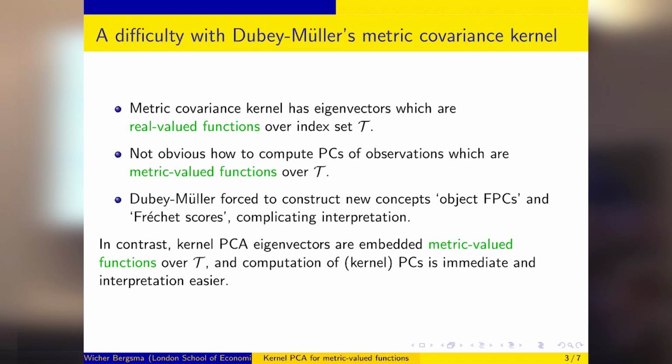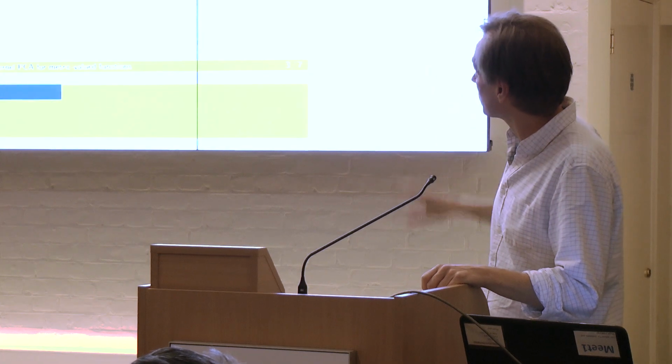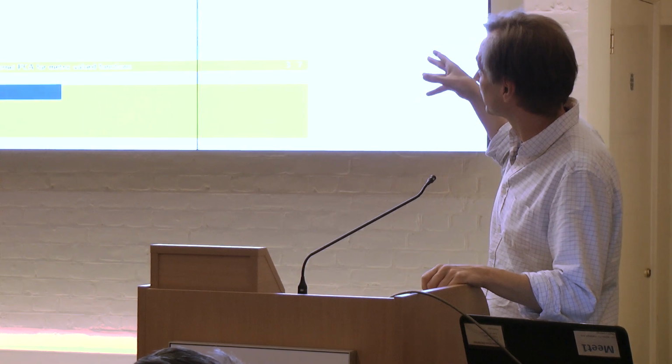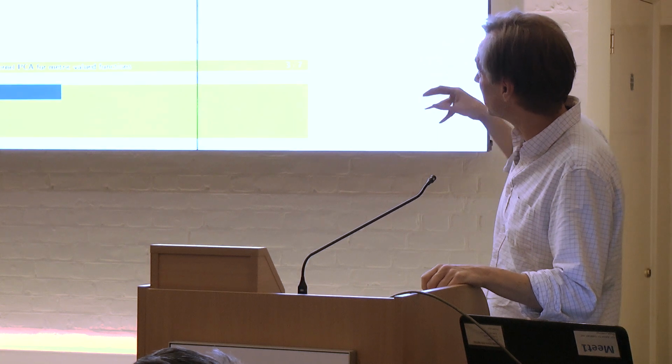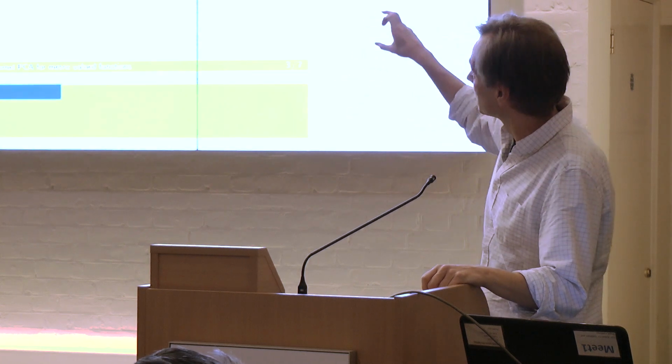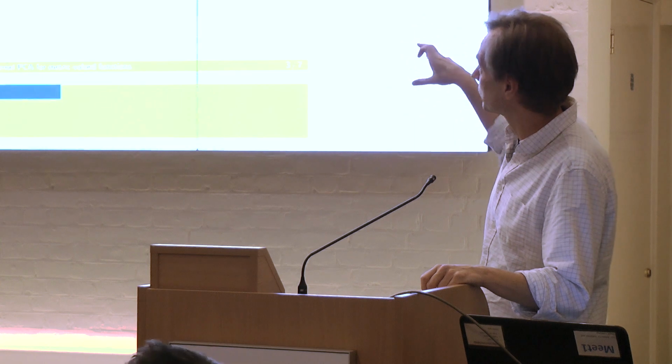Okay, so the difficulty with the Dubé-Müller metric covariance kernel. This was a difficulty pointed out by the authors themselves. So the metric covariance kernel has eigenvectors which are real valued functions over set T. So clearly it's not obvious how to compute principal components of observations which are metric valued functions over T. So there's a disconnect, real valued functions versus metric valued functions.